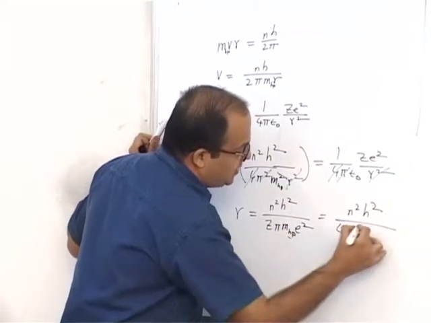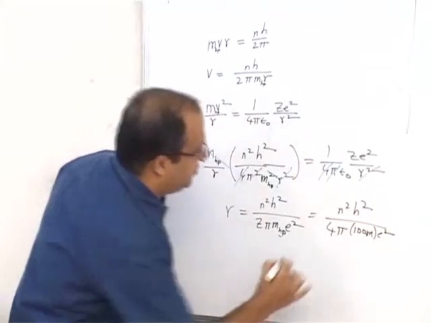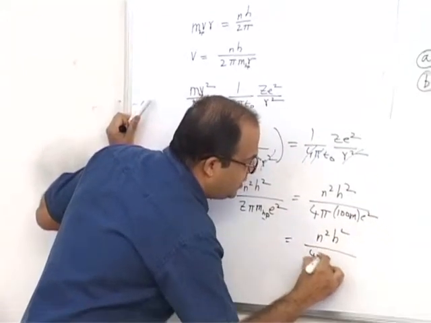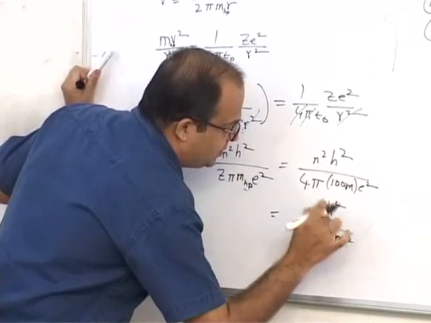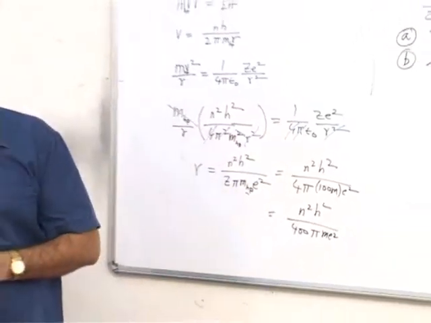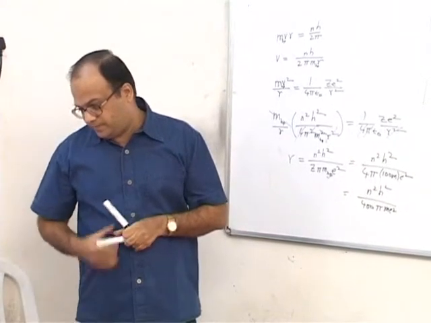This is 100 times m e square. So it becomes n square h square by 400 pi m e square. Okay, so this is the formula for the radius of the nth allowed orbit.